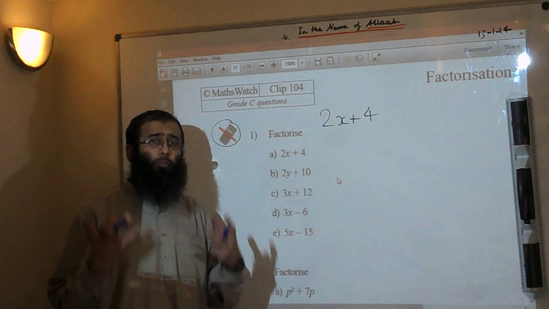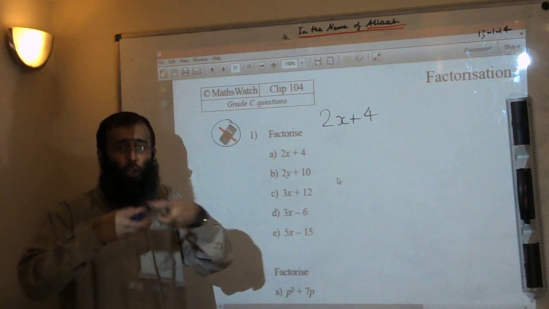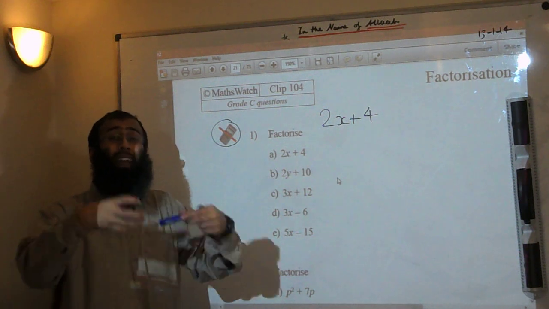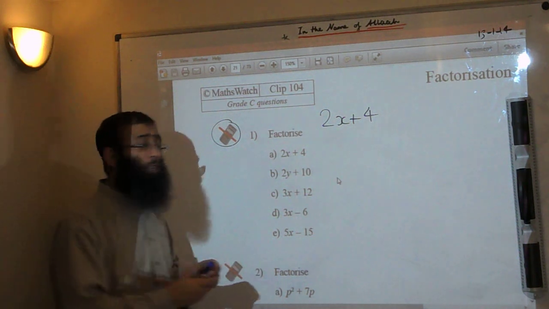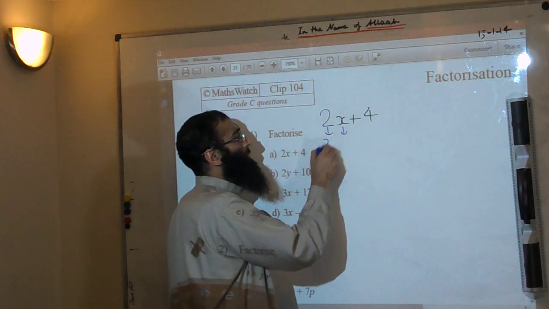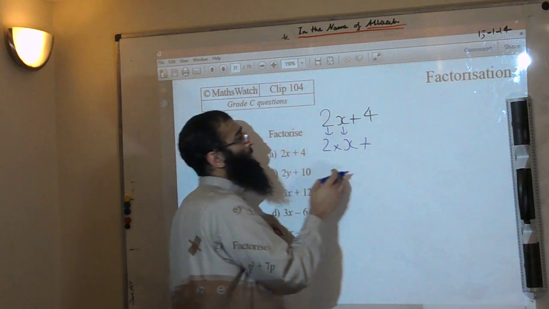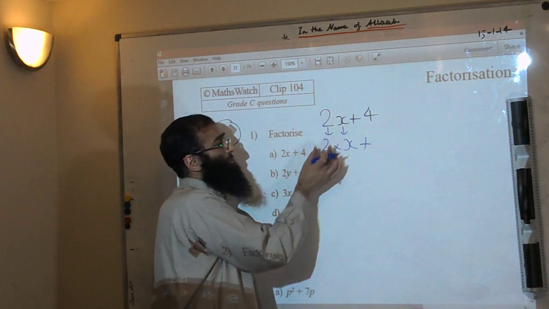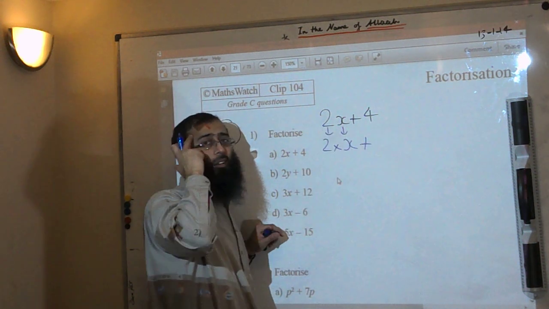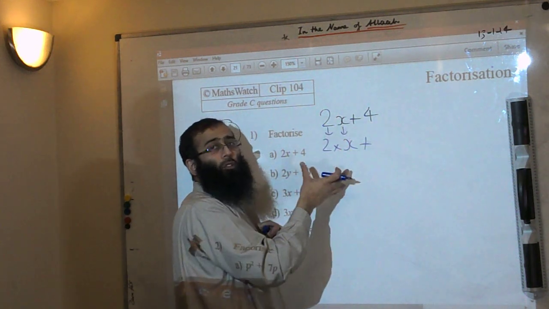When you think about factorizing, we need to look at the numbers and letters and split it up into its factors. What is the number made of? The numbers that divide into it. So for example, 2x in the simplest form is just 2 times x. Now, 2x has a factor of 2 in it. You have to think, has the number 4 got the same factor so we can use that to pull out those factors?